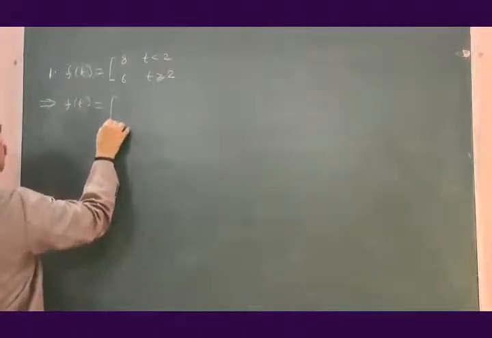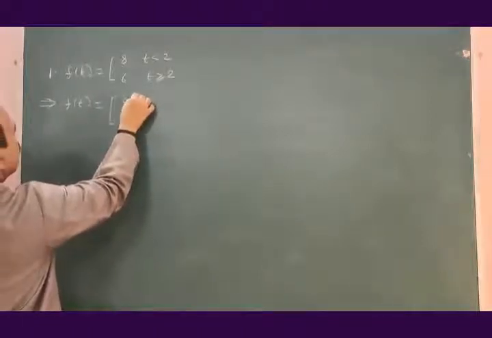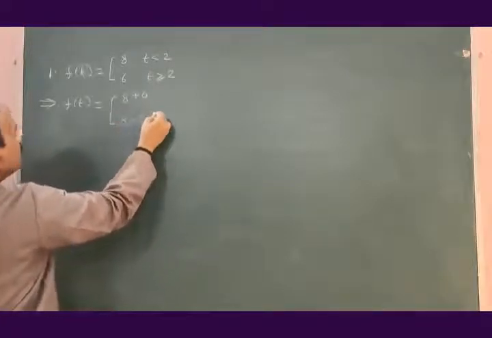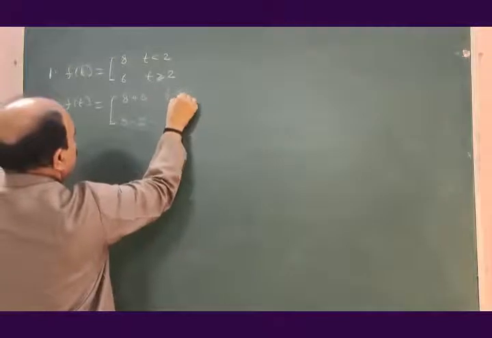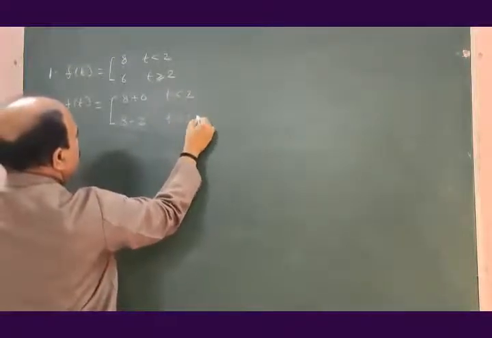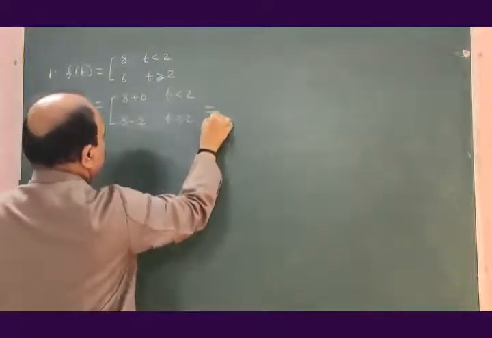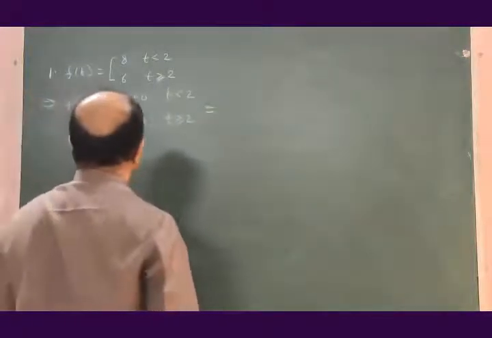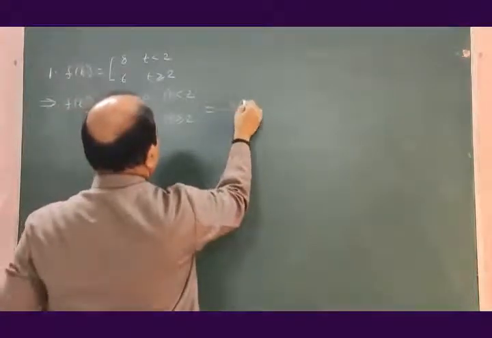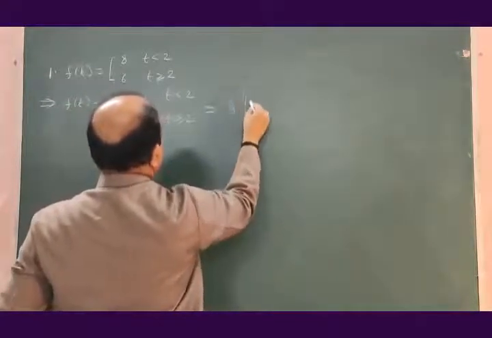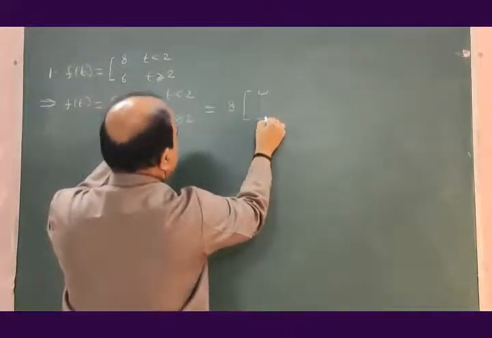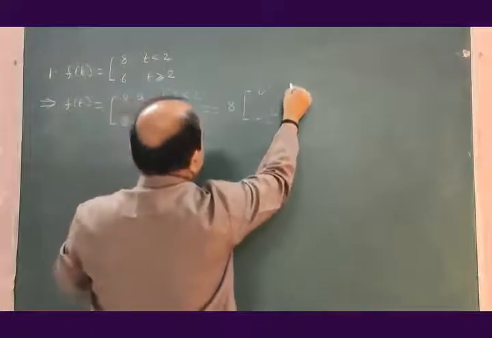let me write the same function as 8 plus 0, 8 minus 2 for t less than 2, for t greater than or equal to 2. 8 is taken common and what is left? 0 left here, minus 2 left here.